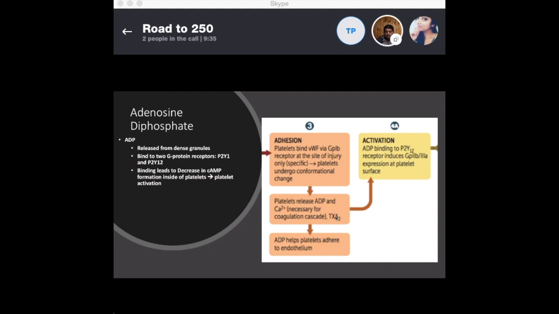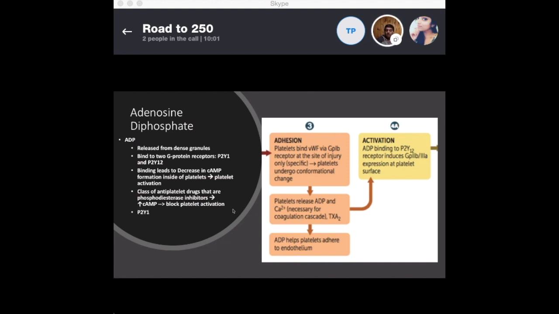So ADP is a potent platelet activator, and it does it by decreasing cAMP. And then there's a class of antiplatelet drugs, which we'll cover towards the end, that are phosphodiesterase inhibitors. What they do is they increase cAMP, thus blocking platelet activation. So this is their mechanism, essentially.